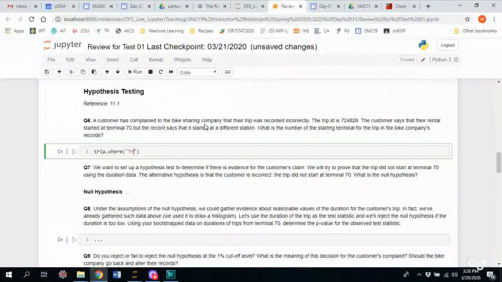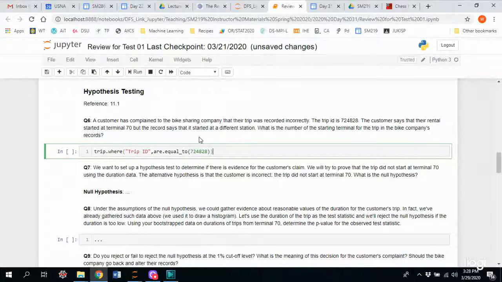Well, we'll try to get the trip ID to be r dot equal to this integer, 724828. We can do it, and then we can print it out.